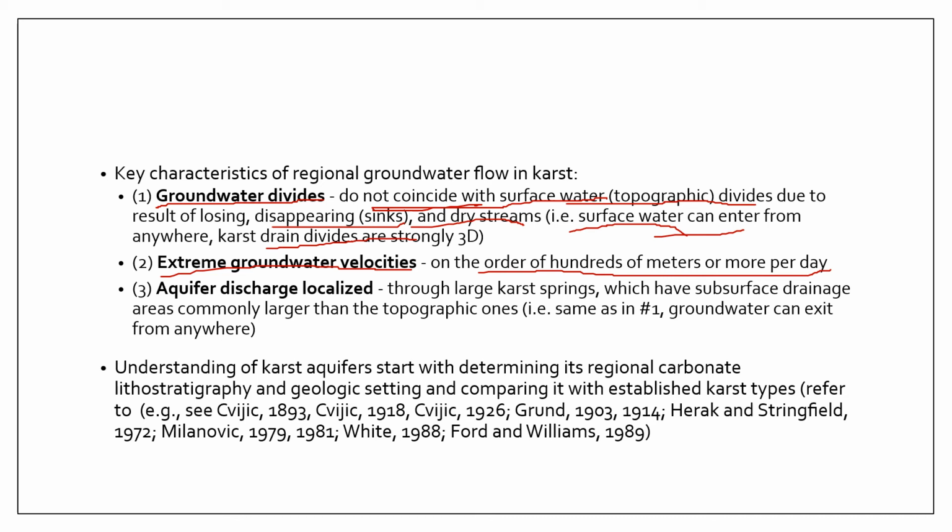And the third point is that the discharge of water can be localized and also really erratic, simply because karstic areas have a lot of exits. They have a lot of solution openings that can act as spring outlets. So more or less water can exit from anywhere. So that's the problem with karst: water can enter from anywhere and it can also exit from anywhere.